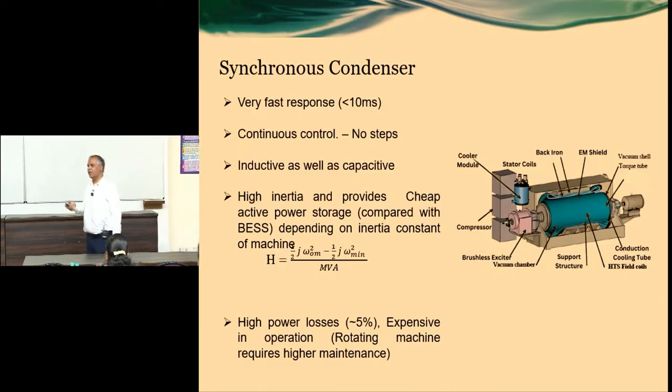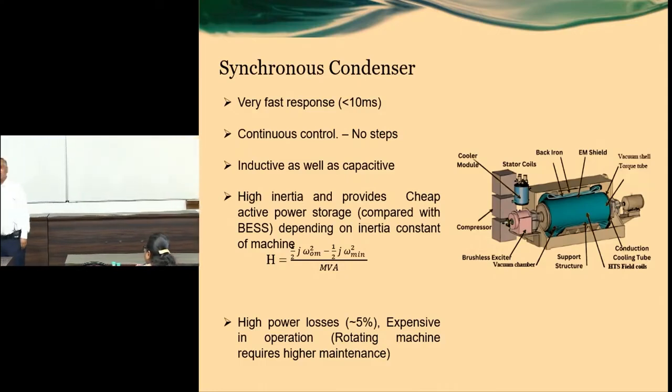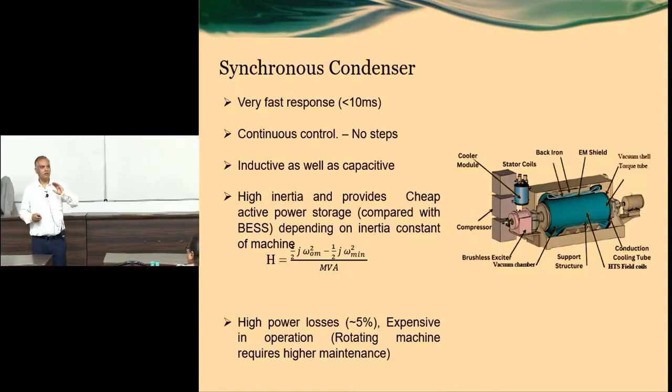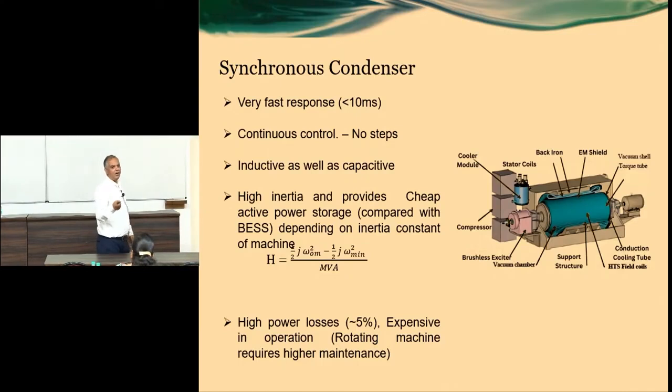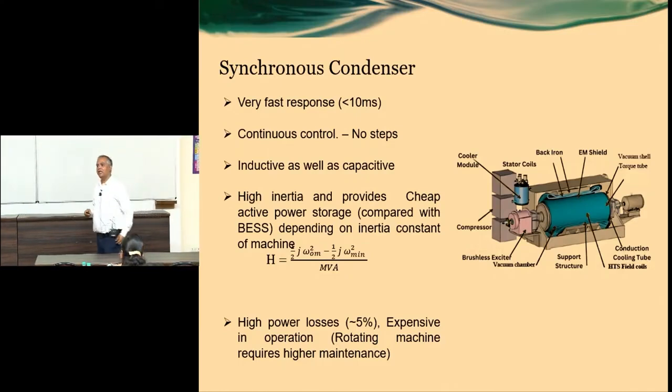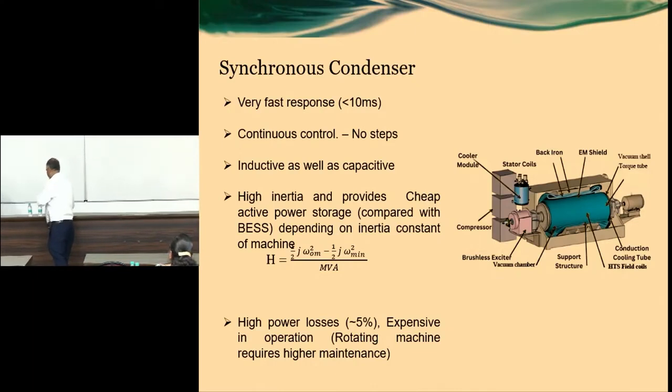Only the synchronous generator and some excitation is used. Depending on leading and lagging excitation, you can keep regulating the amount of reactive power injected into the system. So these are some components you can study.